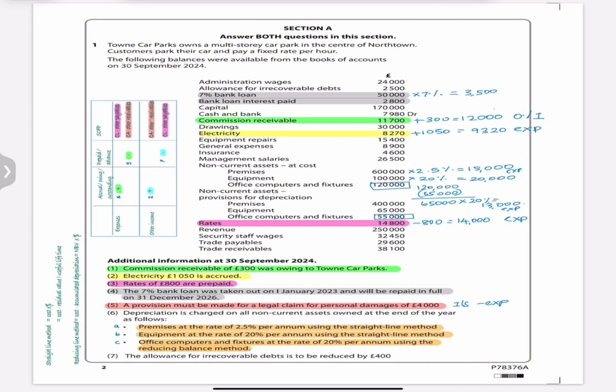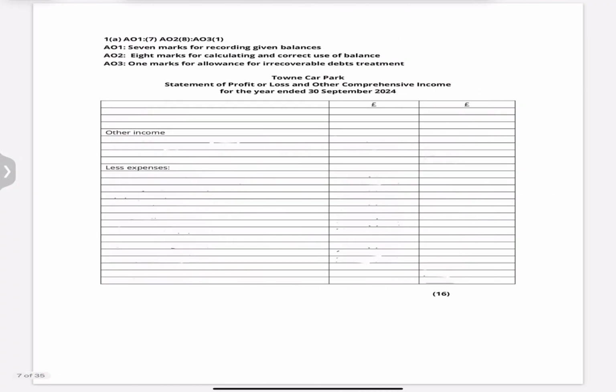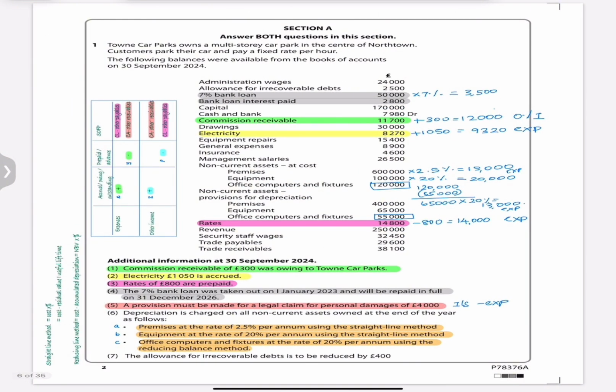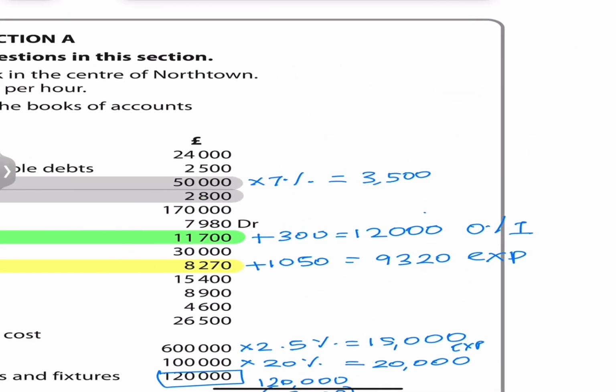Now let's complete the statement of profit or loss and other comprehensive income for the year ended 30th September 2024. Remember, three main key variables: revenue, other income, and we add less expenses.